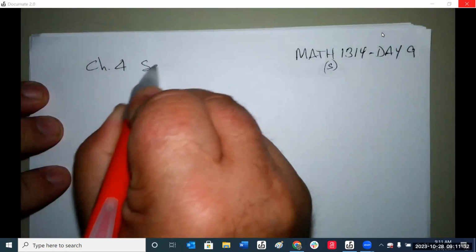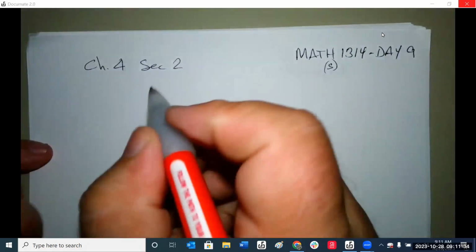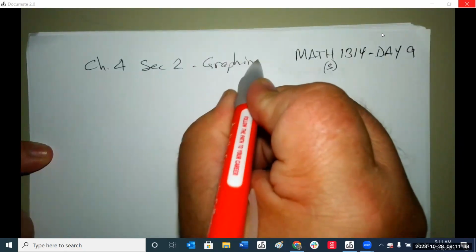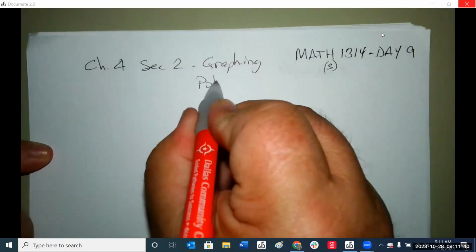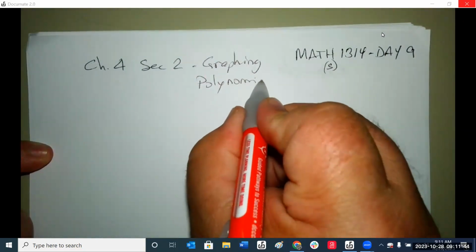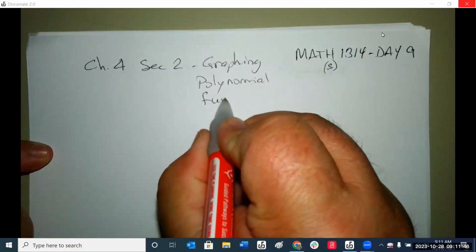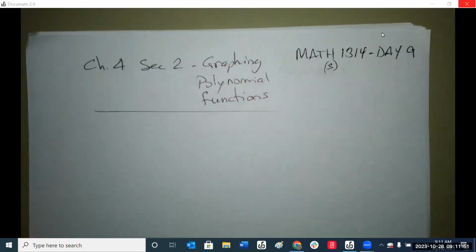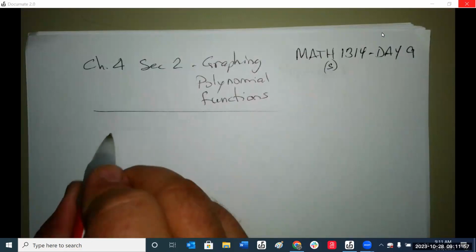So let's look at chapter 4, section 2. Graphing polynomials. All right.